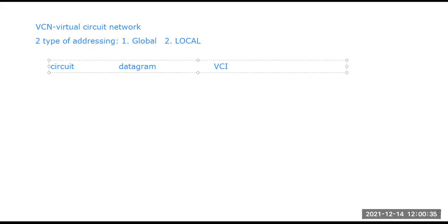What are the differences between these three? In circuit switching, there is a dedicated transmission line, a dedicated transmission path, whereas in datagram packet switching there is no dedicated path. In VCI also, no dedicated path will be there.